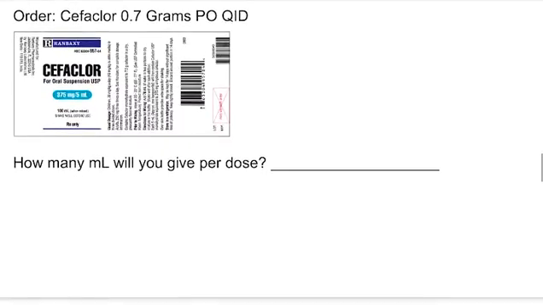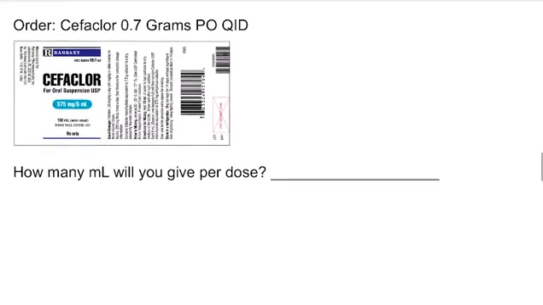Again, I'm going to read the end of the question first: mils per dose. What do I need to know? I need to know my doctor's order, and I also need to know the concentration of my label. This again is going to be a D over H times V. I want to point out, you can also set this up as a ratio proportion.